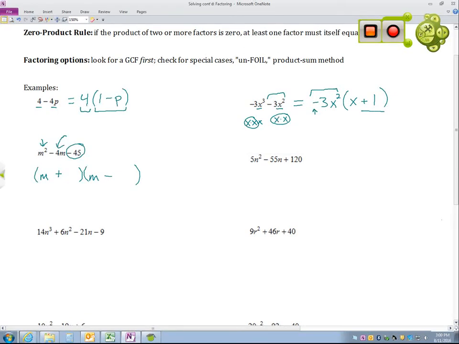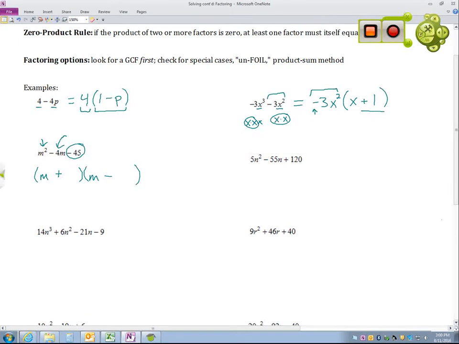If my product were positive, then that means I would be multiplying either two positives or two negatives. But because my product is negative, I know I have one of each sign. And in this case, it doesn't matter which one goes where, so I just wrote the plus and the minus. Now, I'm looking for a pair of terms that now have a difference of 4, okay? And I know that 9 times 5 is 45.